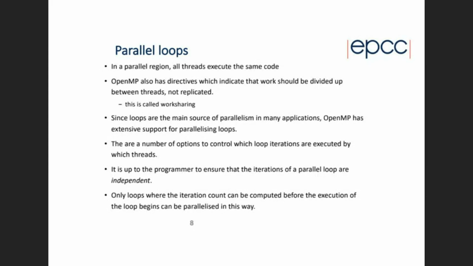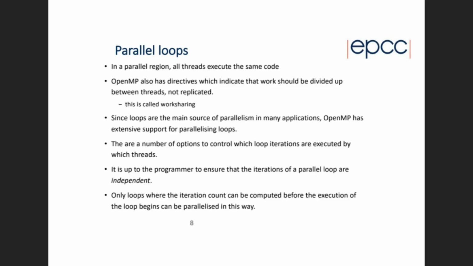But if we're inside a parallel region, then all threads are executing the same code. OpenMP is slightly odd like this: if we just use parallel regions, we're duplicating the same code across all the threads, and for parallel loops that's not particularly useful. So OpenMP also has directives that indicate that work should be divided up between threads rather than replicated, because replicated is the default behavior.